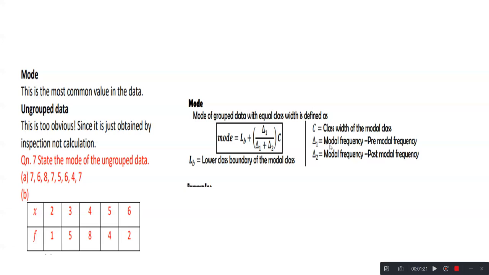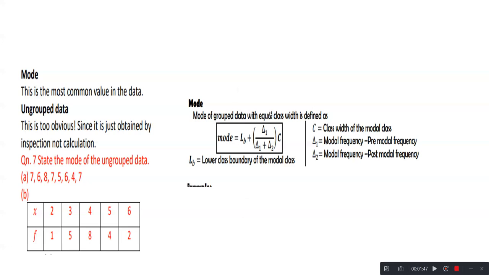D1 is the frequency of the modal class minus the frequency before it. D2 is the frequency of the modal class minus the frequency after it. Then C is the class width of the modal class. How do we determine the modal class? It is the class with the highest frequency.